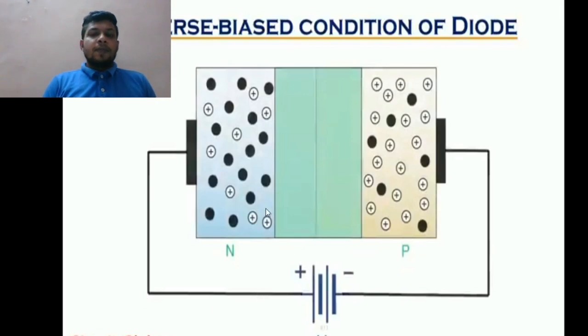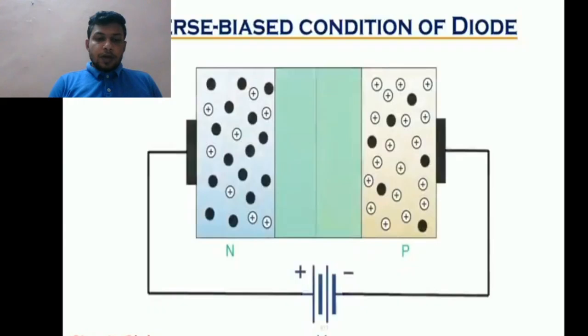This causes the depletion region to increase considerably. Because of this attraction, the depletion region gets widened, and because of this it's very difficult for the current to flow.